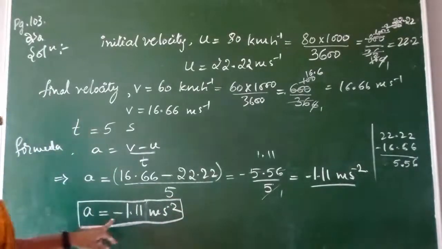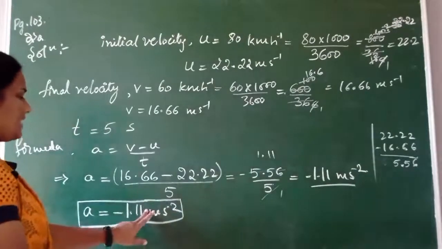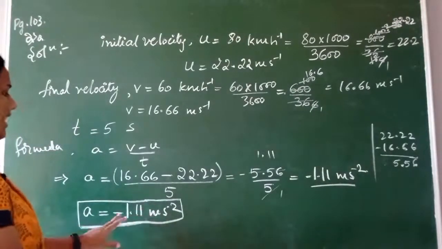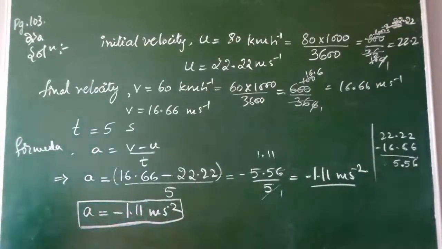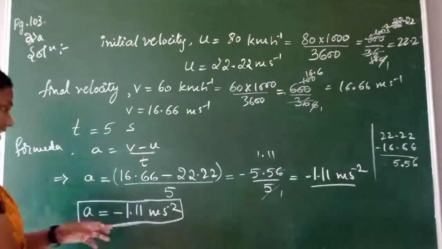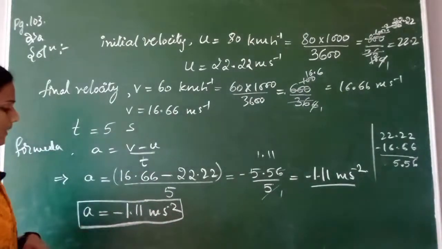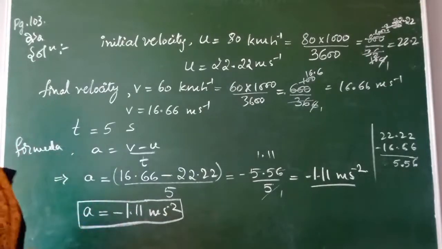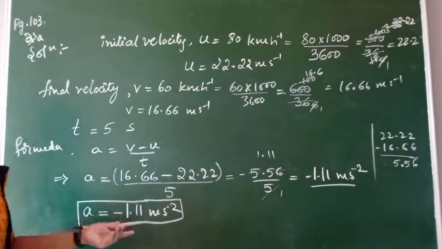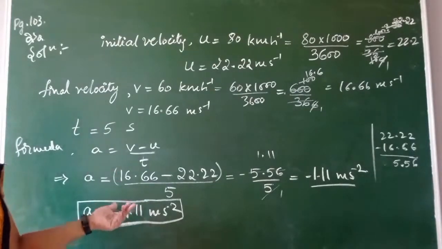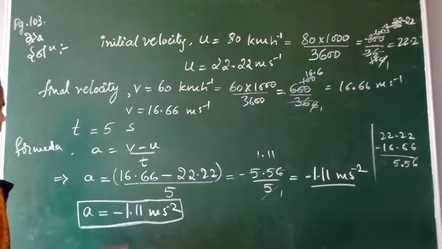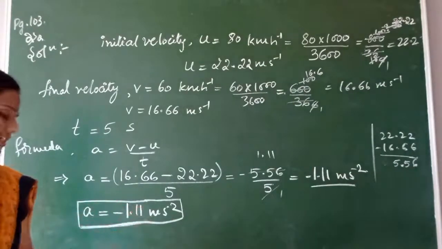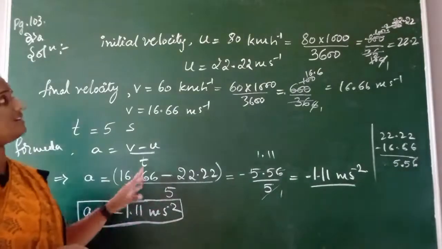Here the negative sign indicates that the acceleration is a kind of retardation, meaning negative acceleration or deceleration you can say. So the negative sign indicates that it is moving in the opposite direction. If we get acceleration with a negative sign, that is called retardation or negative acceleration. Got it, children? Okay, it's very simple.